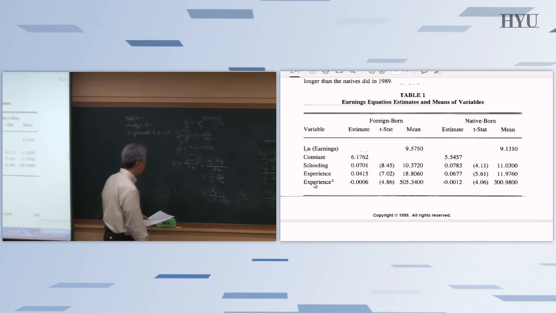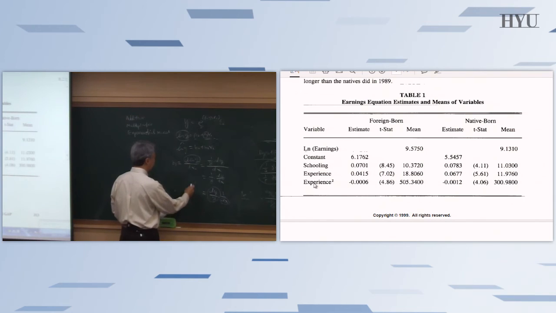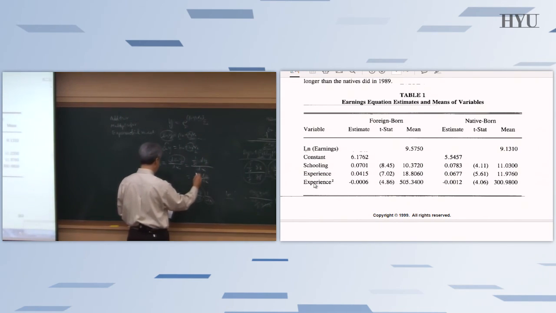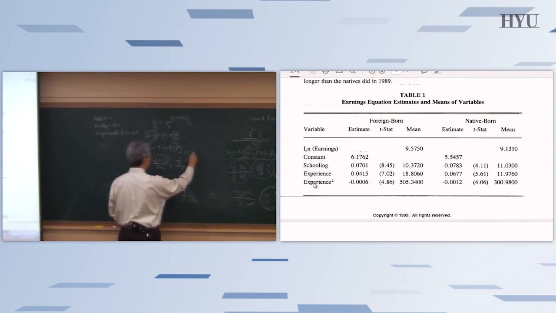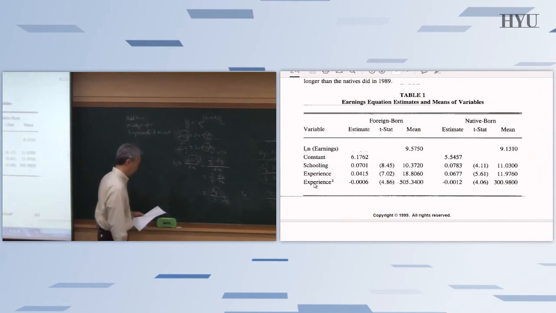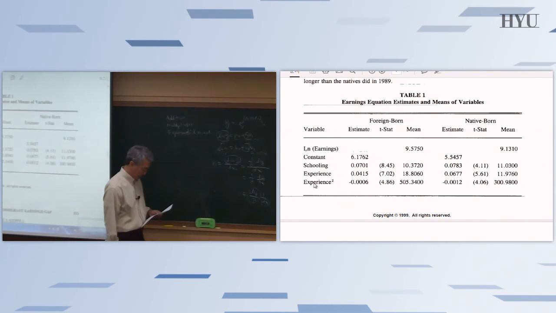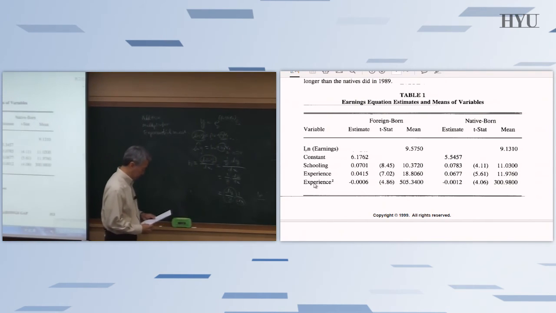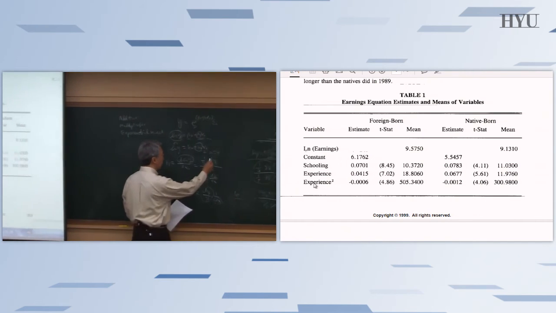Let's say this number, B1, came out to be 0.24. What does this tell us? 0.24.